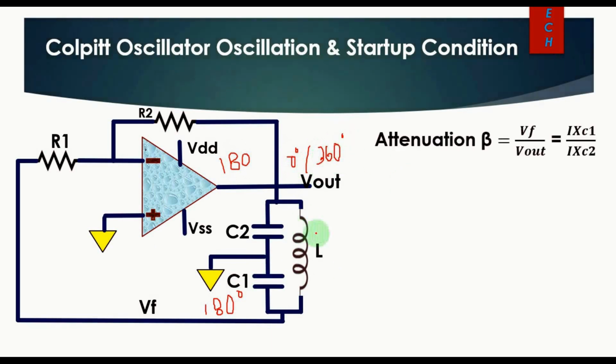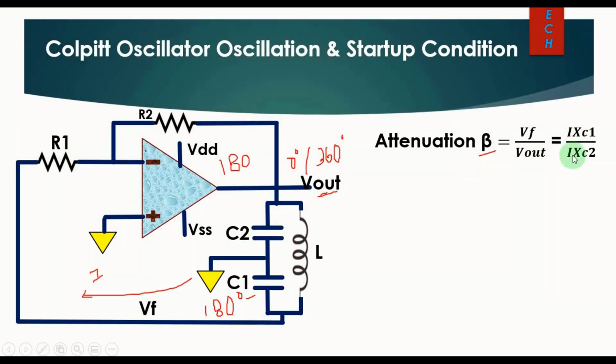So the attenuation of this LC tank circuit is given by beta, which equals Vf divided by Vout. Okay, so Vf is the voltage across capacitor C1 and Vout is the voltage across capacitor C2. So the voltage across C1 is I x Xc1 and the voltage across C2 is I x Xc2, right?